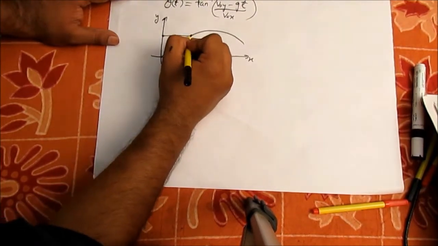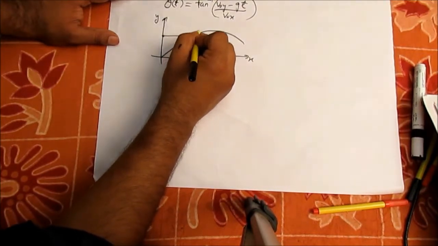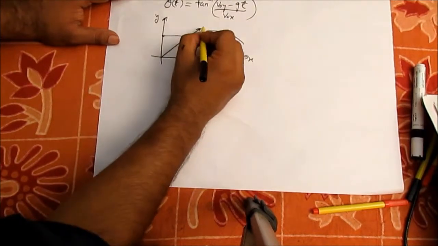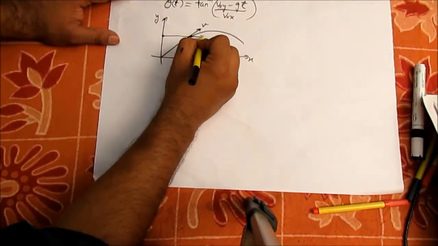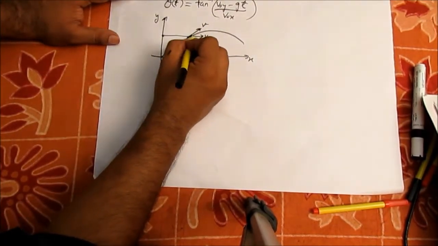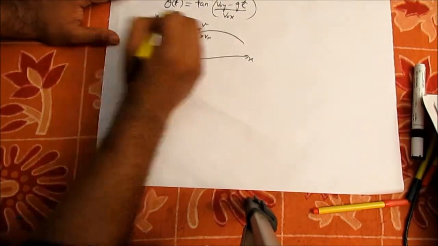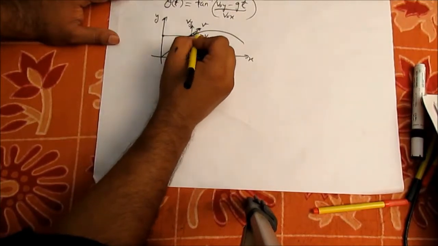Now it has a velocity tangent to this projectile motion, like here, this one is v. So it has two components. One is vx, the velocity along the x-axis, and the velocity along the y-axis. Okay, so this one is angle theta.